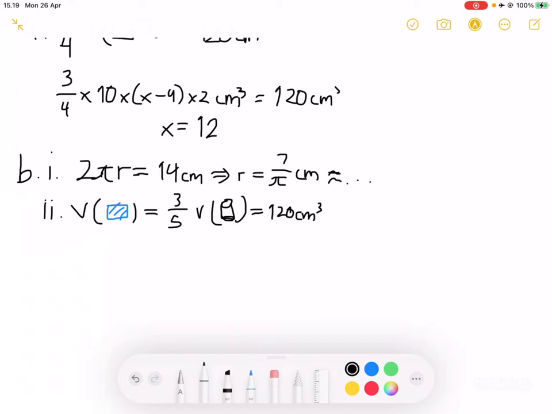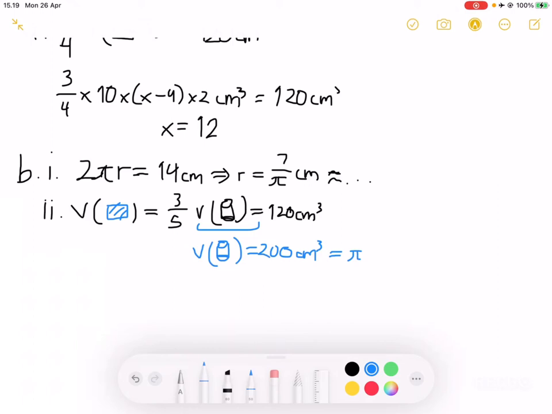Therefore the volume of the cylinder will be 200 centimeters cubed.